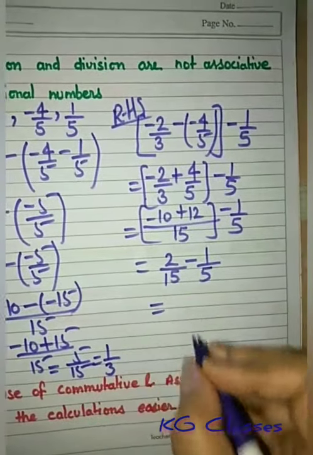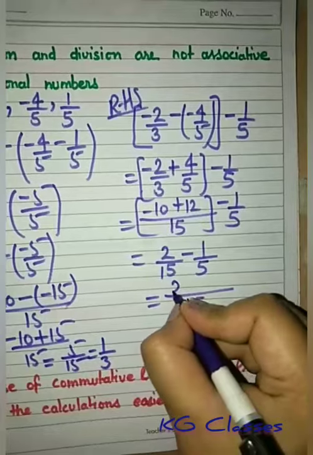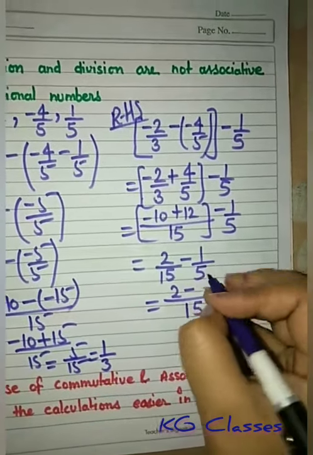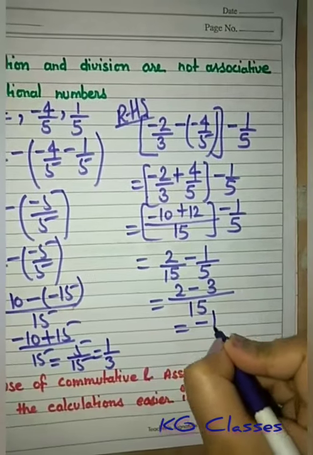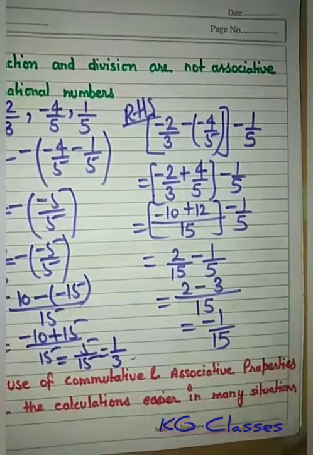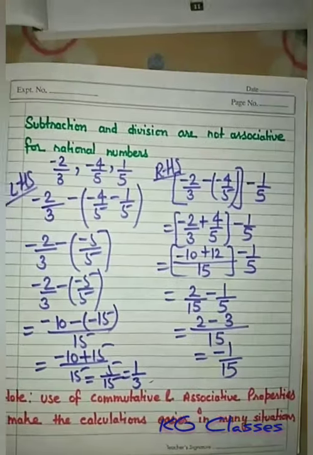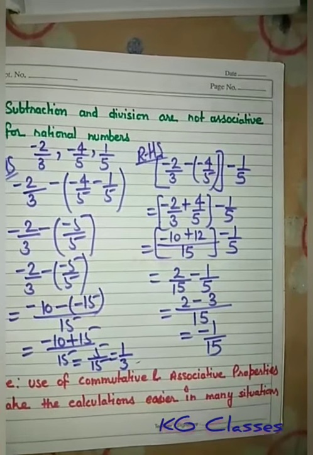Let's take the LCM again, 15. Here we have 2, 5 3 ones are, we will get minus 1 by 15. So these are not equal. Hence proved, subtraction is not associative for rational numbers.